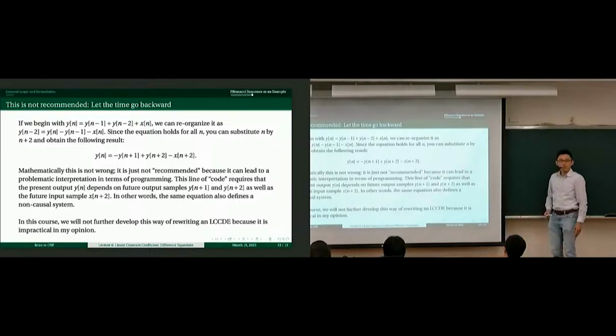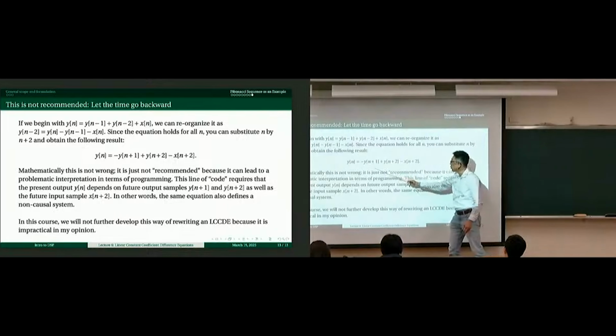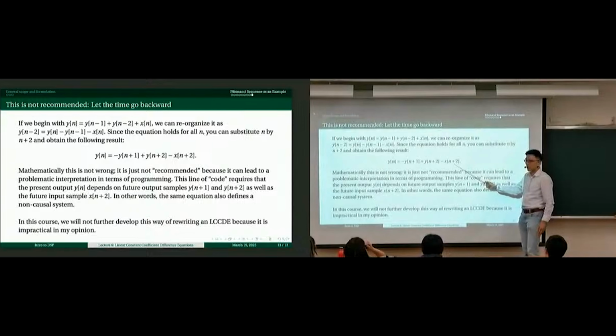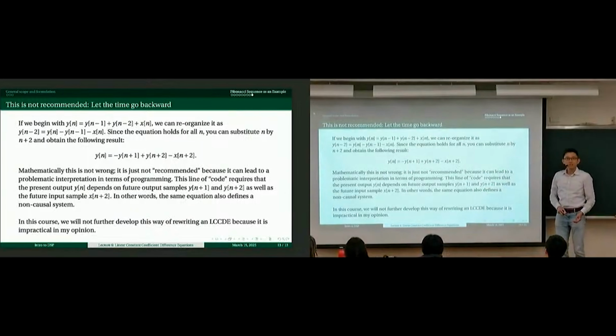This seems to suggest one line of code in which you evaluate y of n based on y of n plus 1 and y of n plus 2 and x of n plus 2. You can imagine this could well be one line of computer code, right? But then this is problematic. You see what I'm saying?